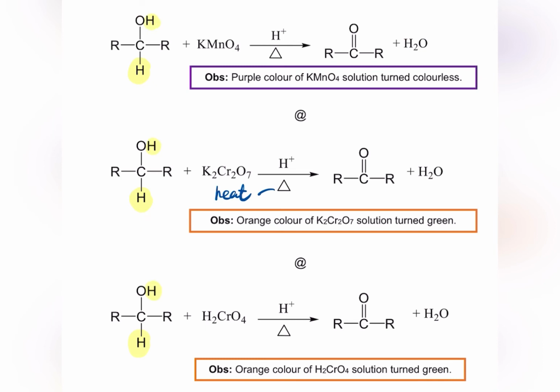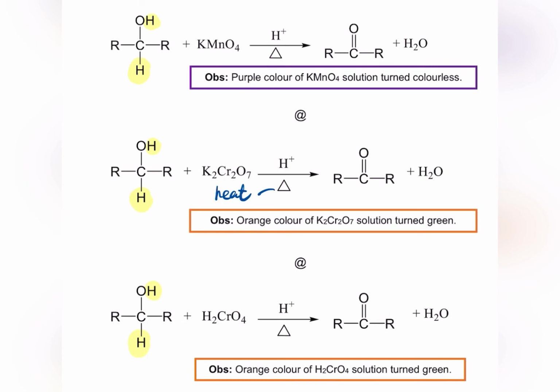That's why ketone is your product, plus H2O. So this is how the reaction happens. All of them will get H2O as the side product and ketone as the major product.